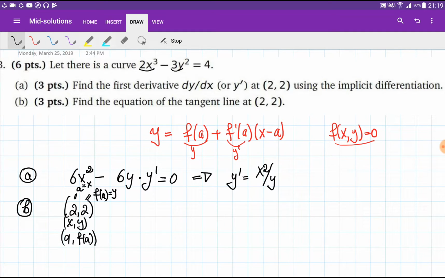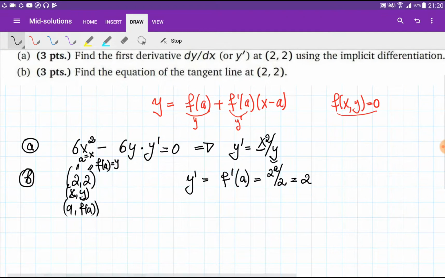All of these things are equivalent. In order to figure out f prime, which is simply y prime at the point a, we need to substitute x here with 2, and y here as well with 2, because x and y are equal to 2. So this will be 2 squared divided by 2, which is simply equal to 2.